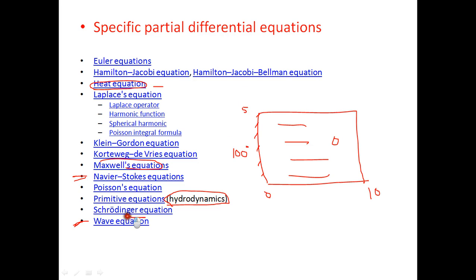I'm going to show you another example, for the wave equation, of how it can help us. For example, this is the globe or Earth, a viscoelastic material. Say this is the core, this is the mantle, upper mantle, lower mantle, and this is the crust.